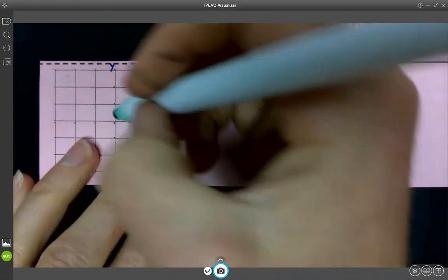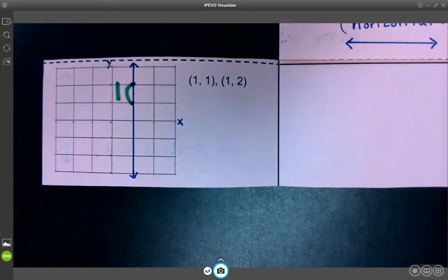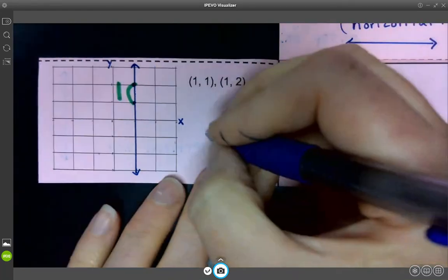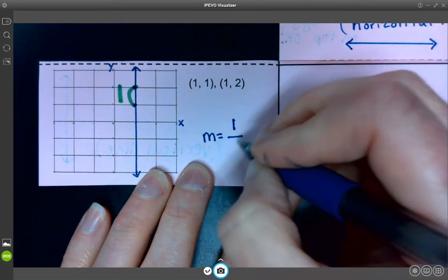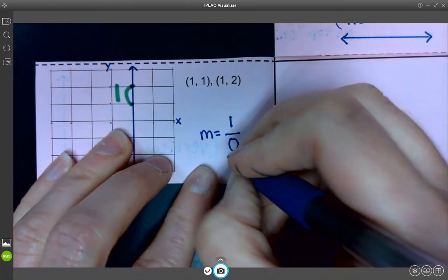The rise and run, it rises by 1. Rise 1, but it runs 0. Didn't go over at all. So this is eggs on bottom.